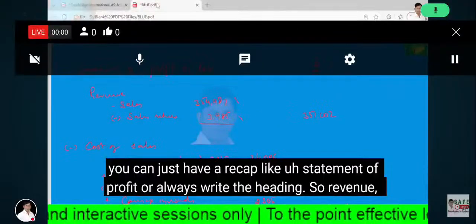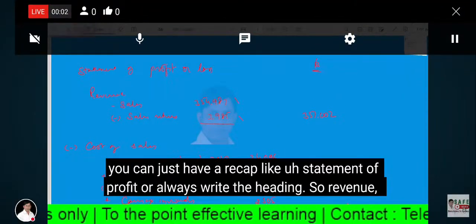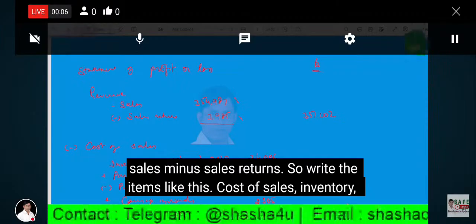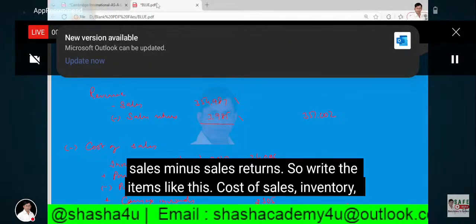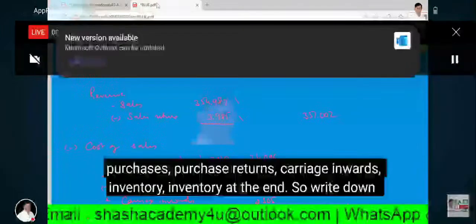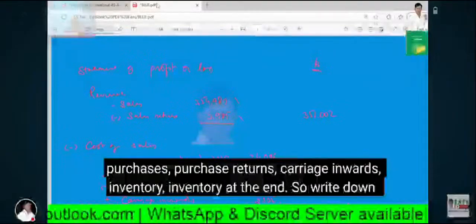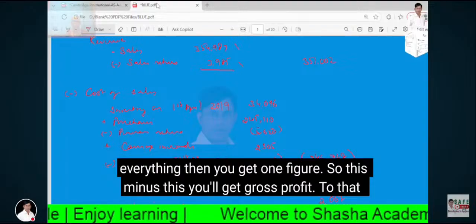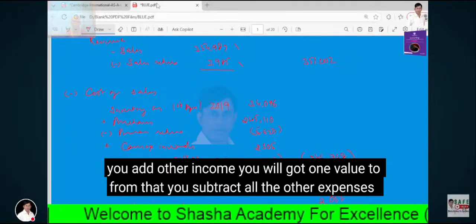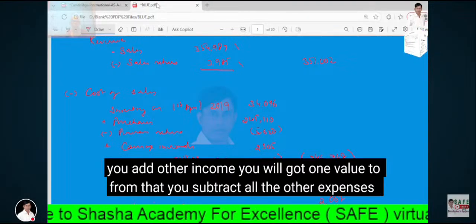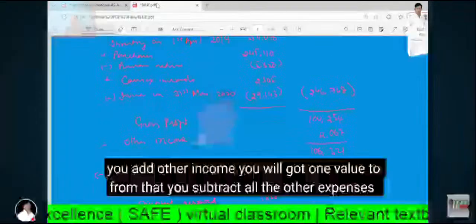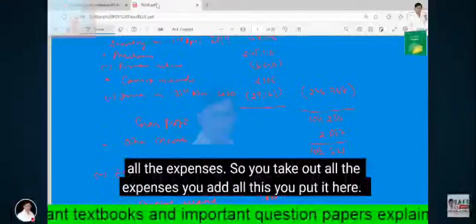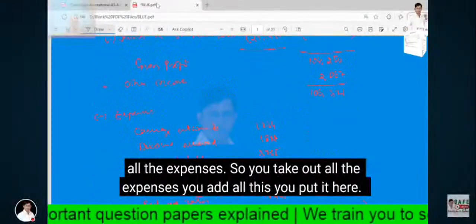Never try to tally the balance sheet to find the difference. That is the problem in most students: they try to tally the statement of financial position, thinking they will lose marks otherwise. No, nothing like that. Finish the paper first, even if there is any difference, then come back.